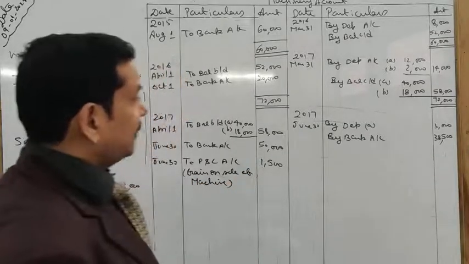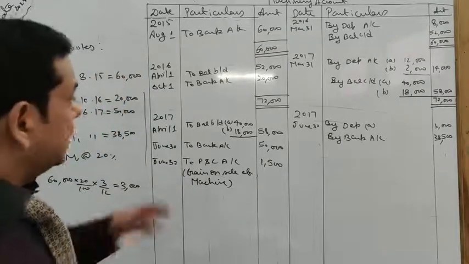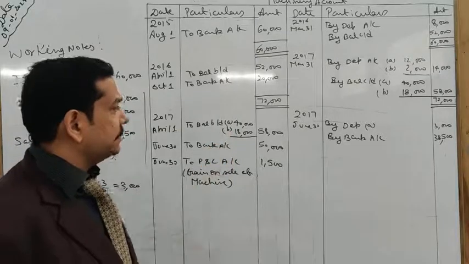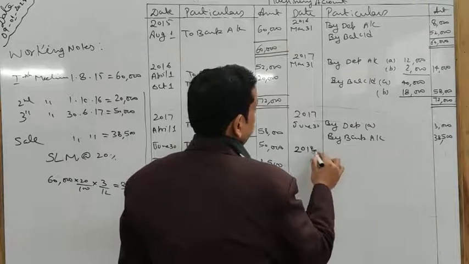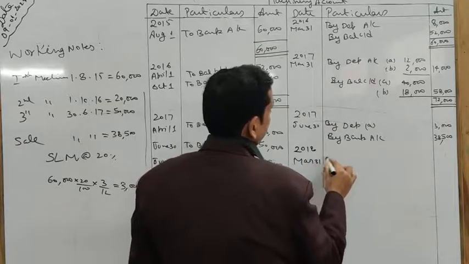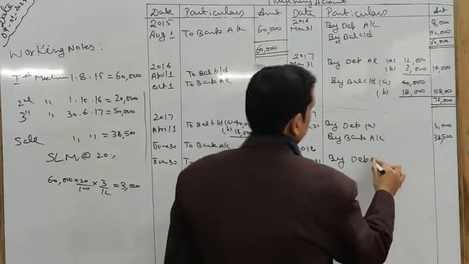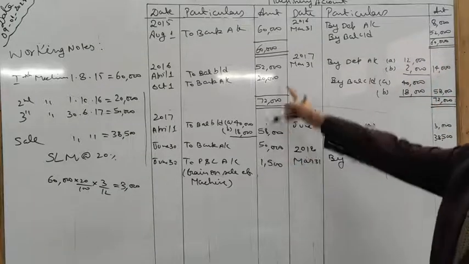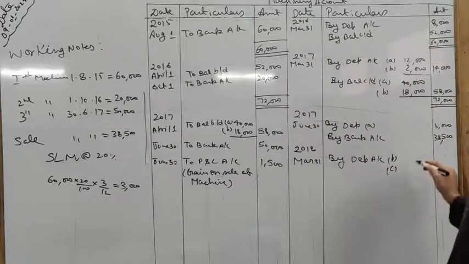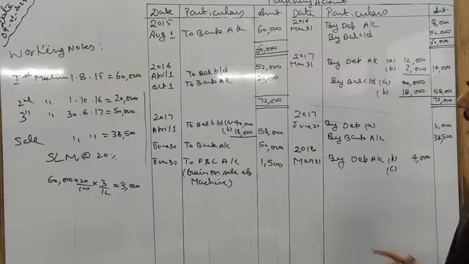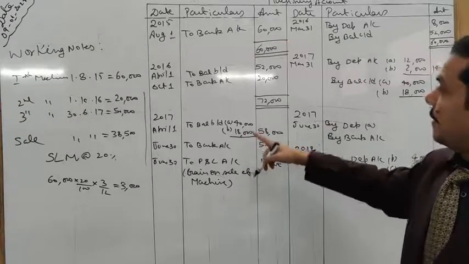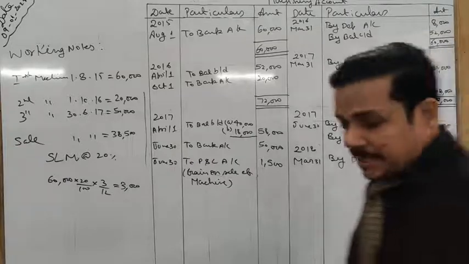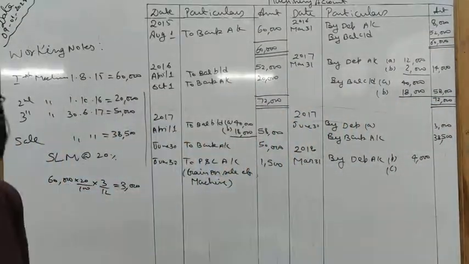Clear? Now our year is getting close, so we have to calculate depreciation for the rest of the two machines. One is B and another we have purchased. So 2018 March 31st by depreciation account, B and C. For the B machine of 20,000, for full year, 20,000 into 20% is 4,000. And for C machine, 50,000 into 20% into 9 by 12.